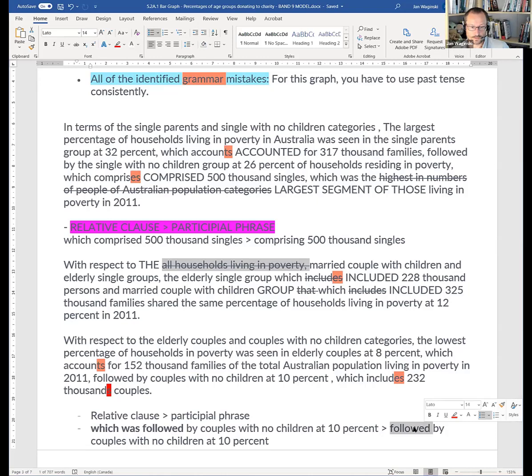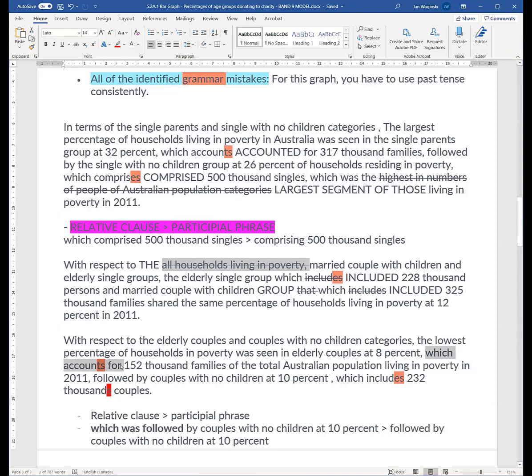Again, review the participial phrases. It's a really easy way to add a huge amount of variety to your writing very, very quickly. So if he wanted to change some of these up, instead of saying "which accounts for," what could he change this to? Which account for?